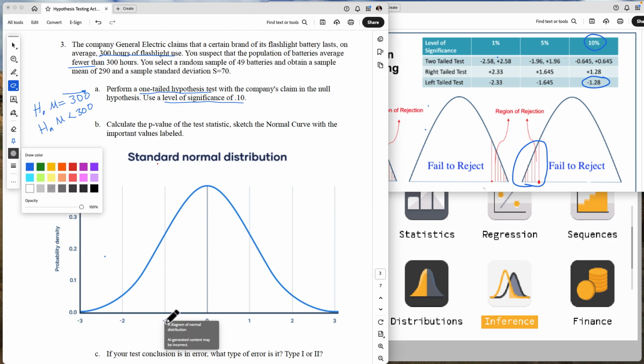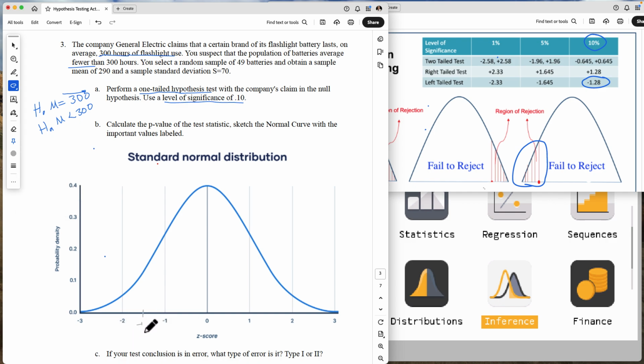So -1 is here. Here's -2. There's about -1.5, right? And so 1.28, there's close to 1.3. It's about here. We don't have to be completely exact or anything, but we just come in here and let me clear this one out. It's kind of just in the way.